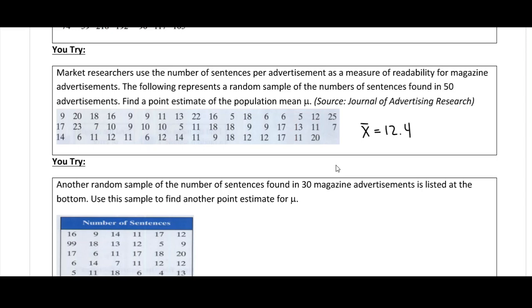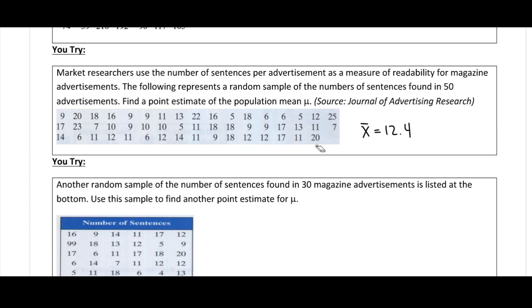Same thing, right? Except this time the context is the number of sentences per advertisement. So for example, this random one at the end here would have 20 sentences. It's a lot of sentences for an advertisement, I think. But anyways, they did the random sample of 50 advertisements.